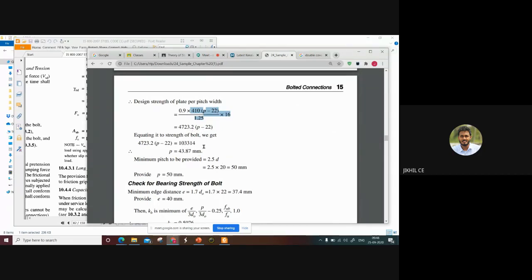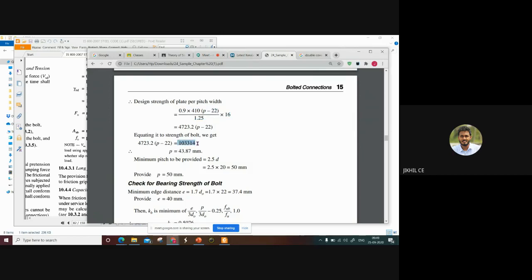So here they are back calculating the minimum pitch required so that the plate won't fail before the bolt. We are not providing any value for pitch here, and we equated the design strength of the plate per pitch width to the shear strength of the bolt.